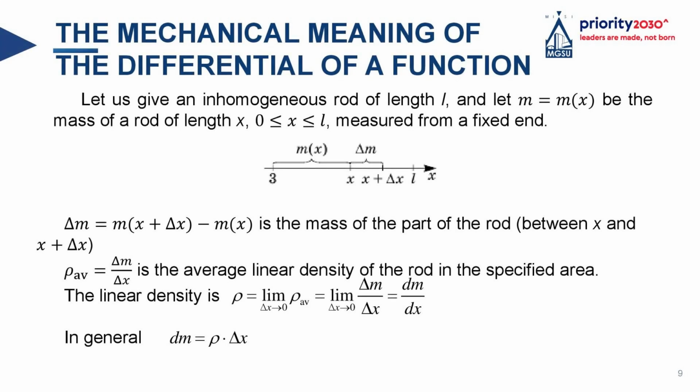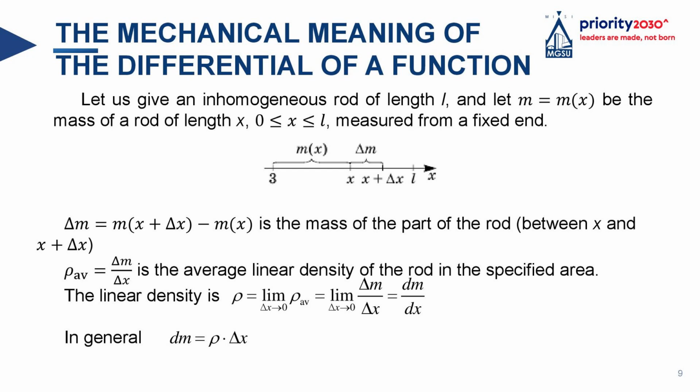And the third point, let us give an inhomogeneous rod. A rod is called homogeneous if any two sections of it of the same length have the same mass, and inhomogeneous otherwise. Let the rod have length L, and let m equal m of x be the mass of a rod of length x, measured from a fixed end.